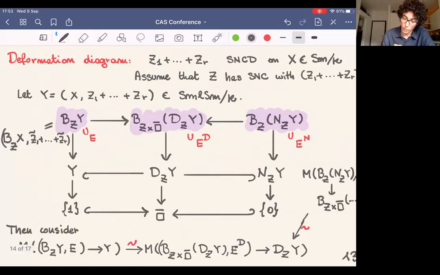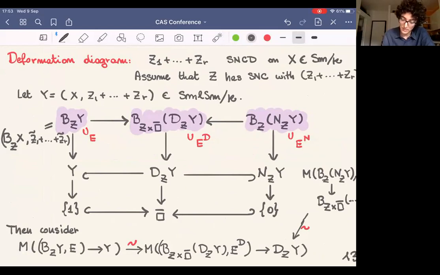And then you can form the following diagram. Let's say that we have Z1, ..., Zr strict normal crossing divisors on our x. And let's make this extra assumption that z has SNC with Z1, ..., Zr. This means that if you restrict Z1, ..., Zr to z, you get a strict normal crossing divisor on the smooth variety z.